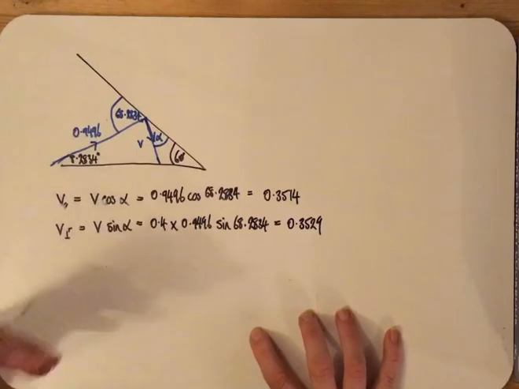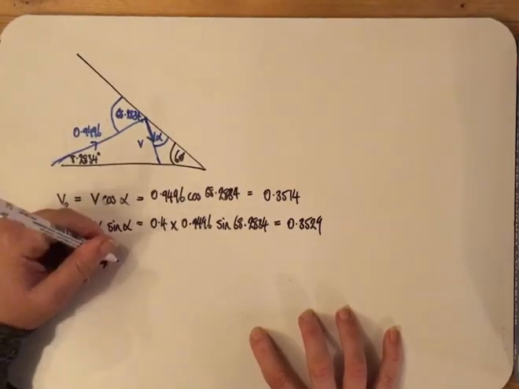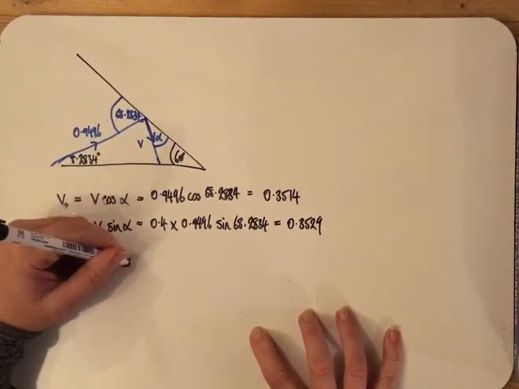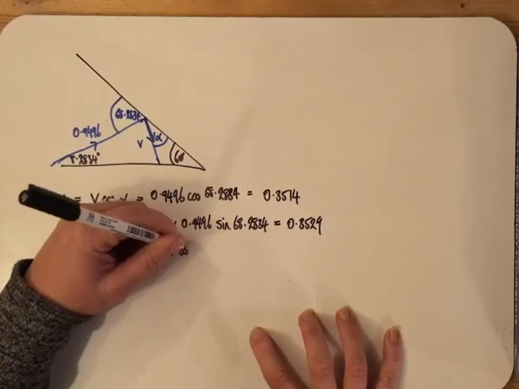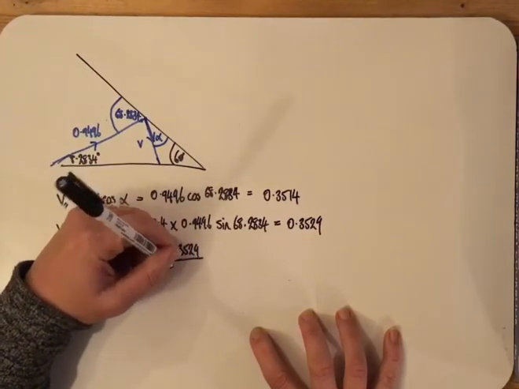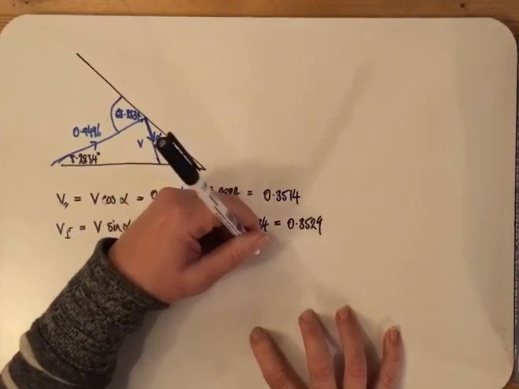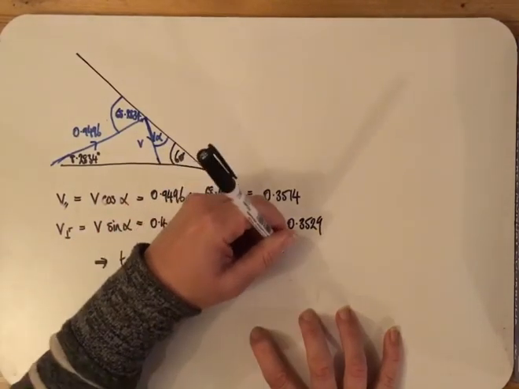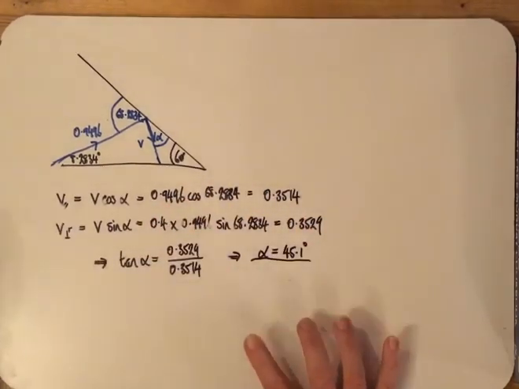So it should start to feel quite repetitive. They're not the most exciting questions, I admit. So dividing, tan alpha is 0.3529 over 0.3514. That gives you alpha is equal to 45.1 degrees.